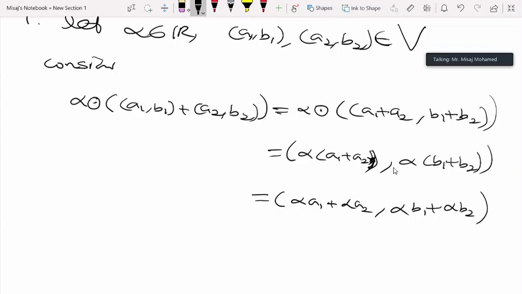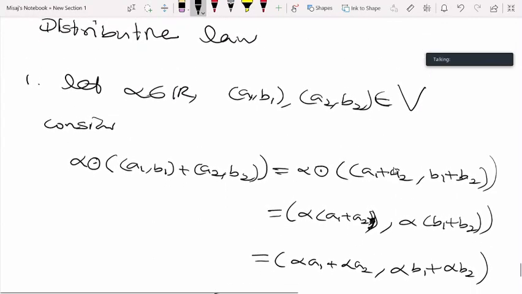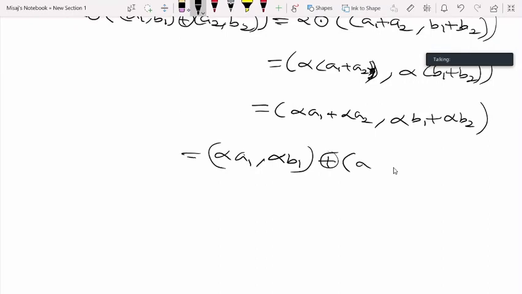How to expand this one now? Is it possible to expand it as (alpha A1, alpha B1) plus, this is vector addition, (alpha A2, alpha B2)?